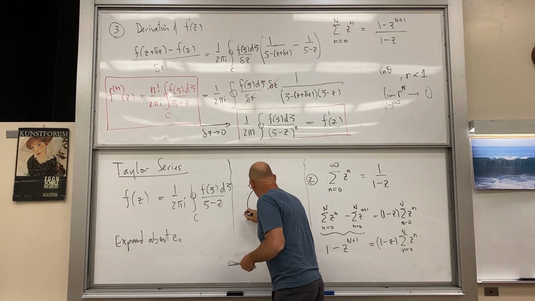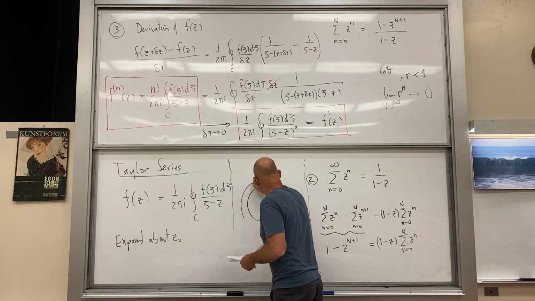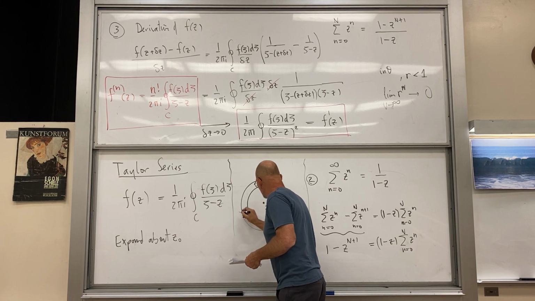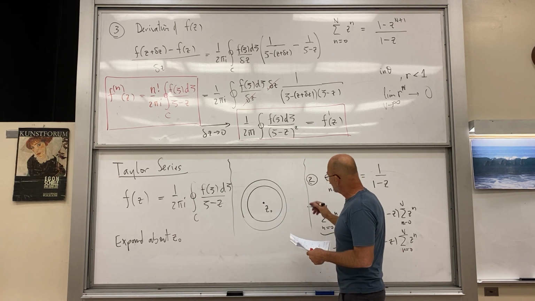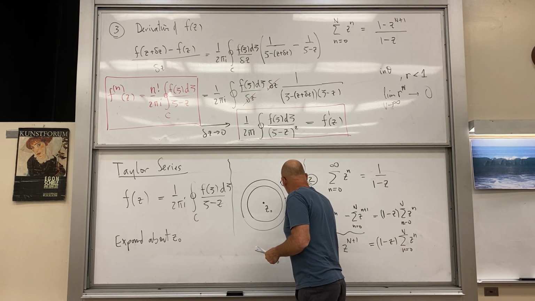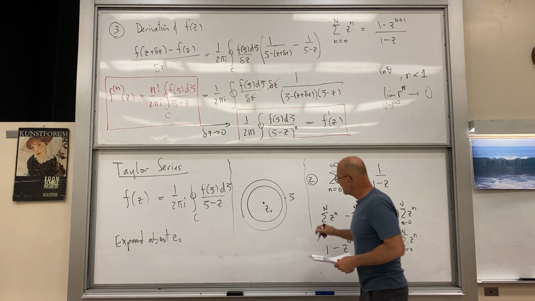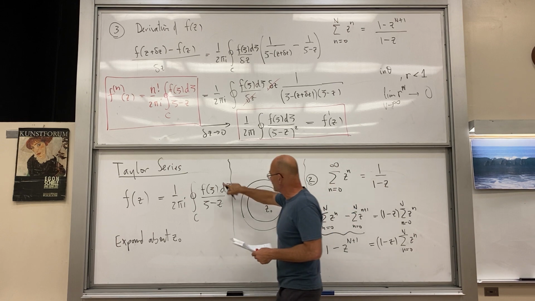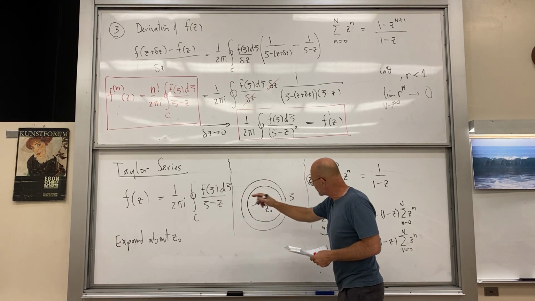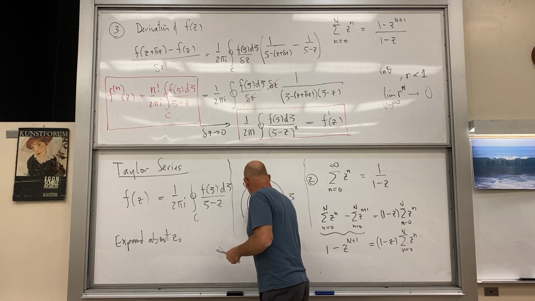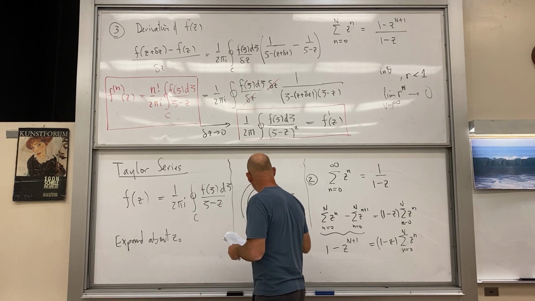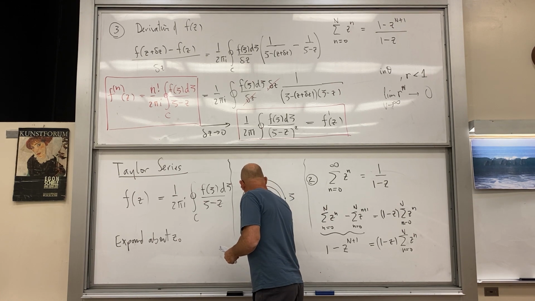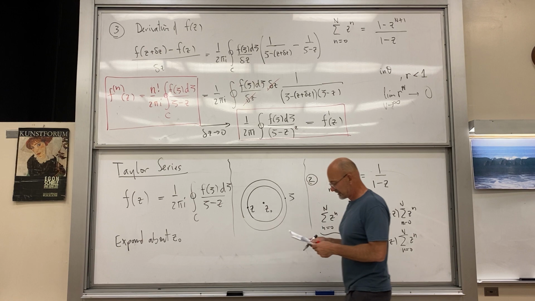We draw two concentric circles here, and our zeta is on the outer circle. So when we're doing the integral d zeta, we're talking about the outer circle, and on the inner circle is where my z is.